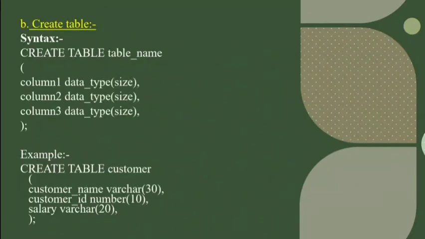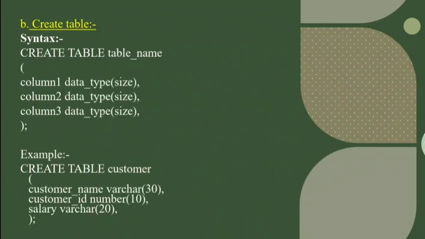Create table, table name. So in a relational database management system, a table means we need to have rows and columns, right? So first we need to define the columns, the column names. For that we are creating the table and providing the column names with their data types and their sizes as well.